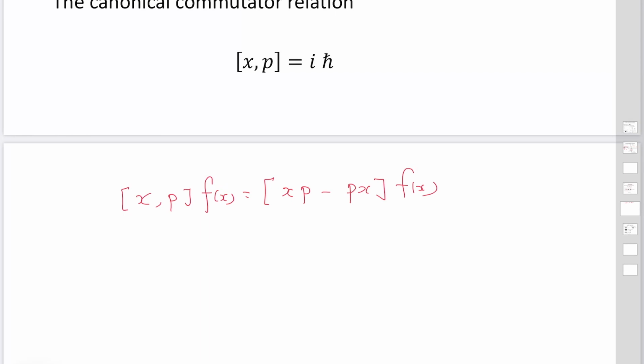Then substitute p. The definition of p is h bar over i times the first derivative d/dx, so x times h bar over i d/dx, minus h bar over i d/dx times x f(x).